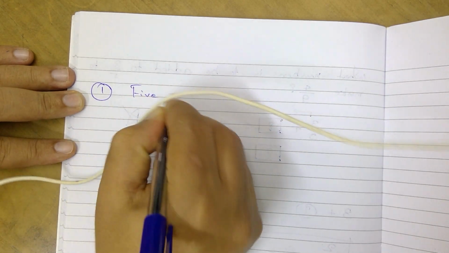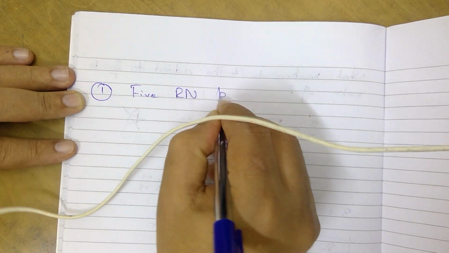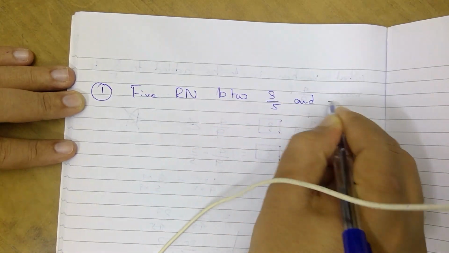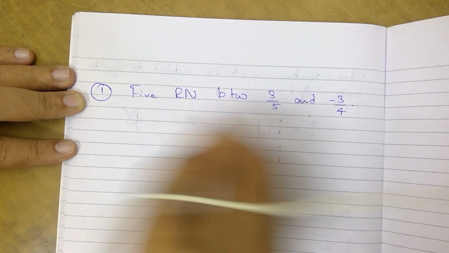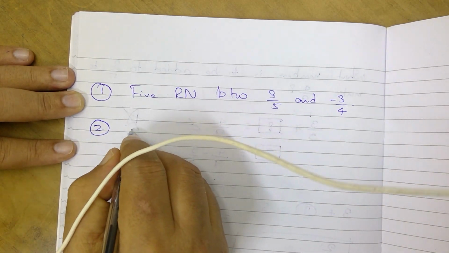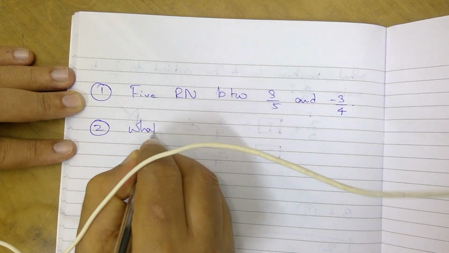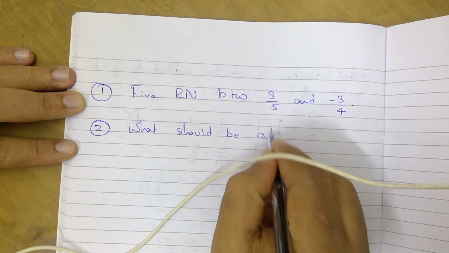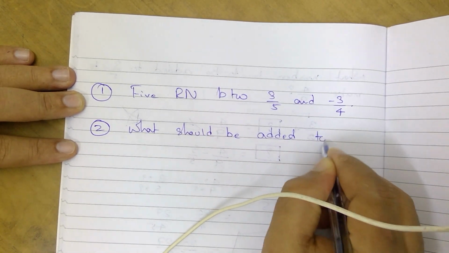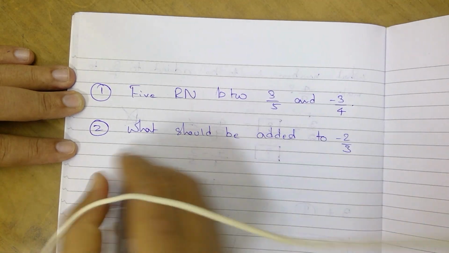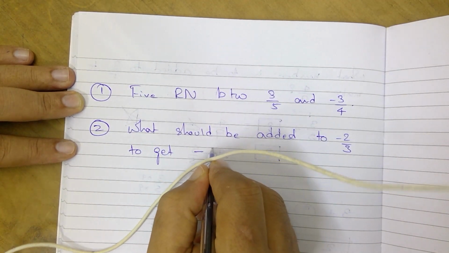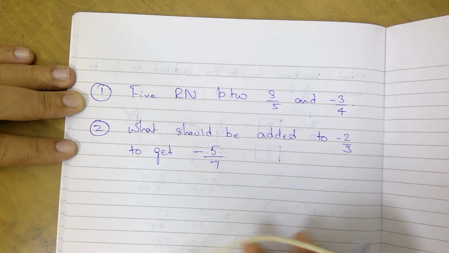Find 5 rational numbers between 3 by 5 and minus 3 by 4. Second one, what should be added to minus 2 by 3 to get minus 5 by 7?